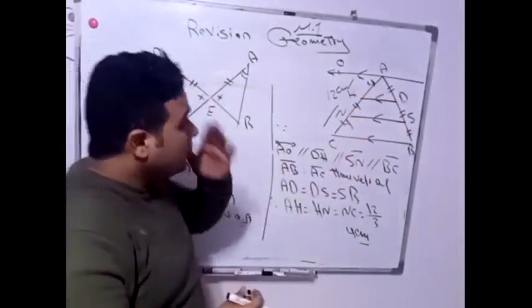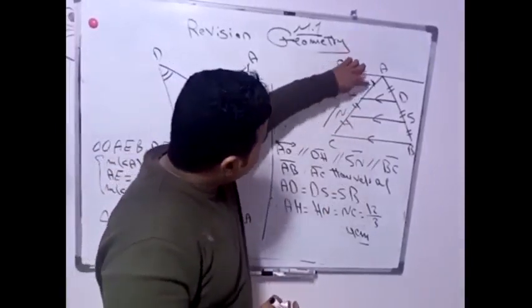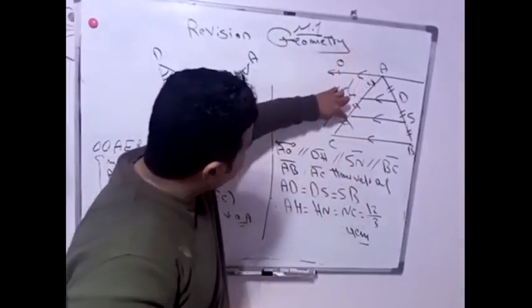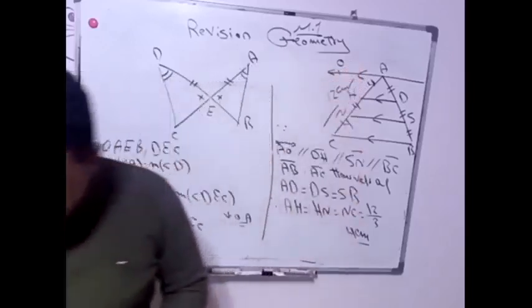If you want to find the length of side AH, it is 4. I want to find AN: 4 plus 4 equals 8 centimeters.